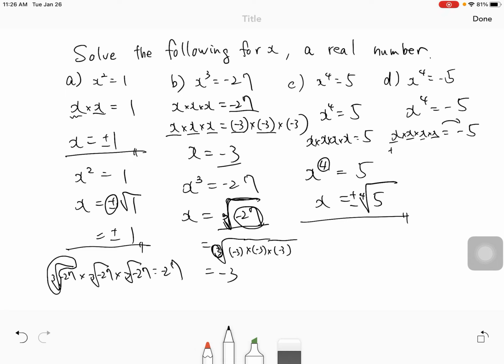If this number is positive, the right side is going to be positive, and if this number is negative, the right side is also going to be positive. But in this case, the right side is negative. It doesn't make sense. It cannot be like that. So it doesn't have any number. It doesn't exist. This is the answer.